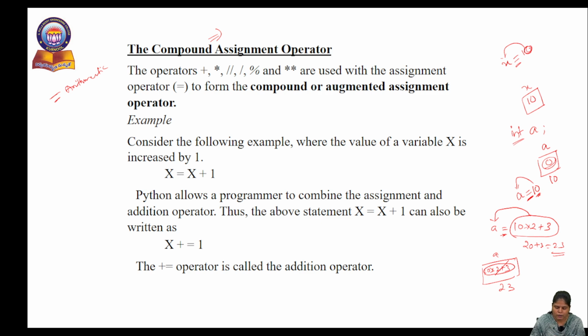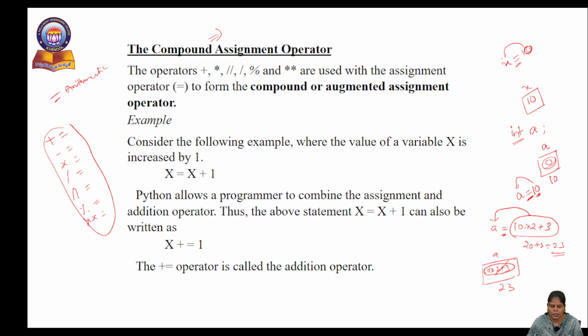It will be represented like this: arithmetic operator followed by equal, plus equal to, minus equal to, multiplication equal to, division equal to, floor division equal to, modulo equal to, exponential equal to. Like this you can represent the compound assignment.